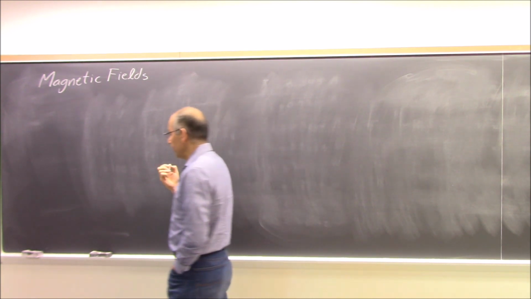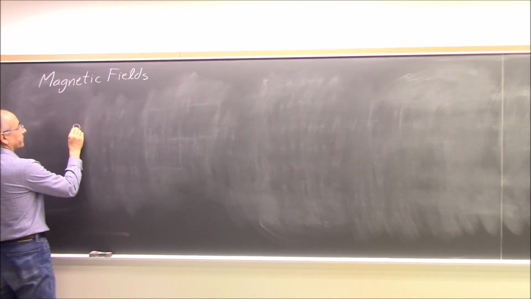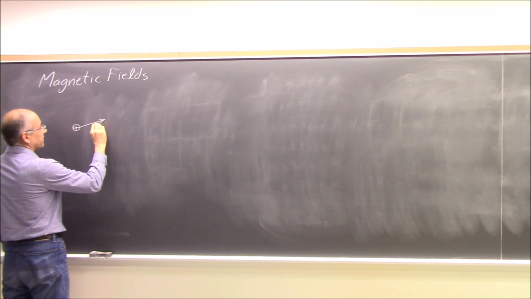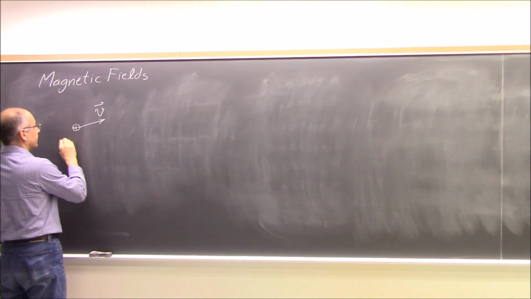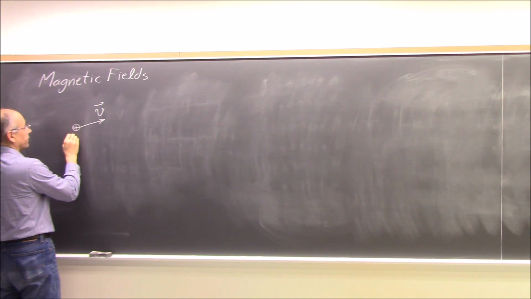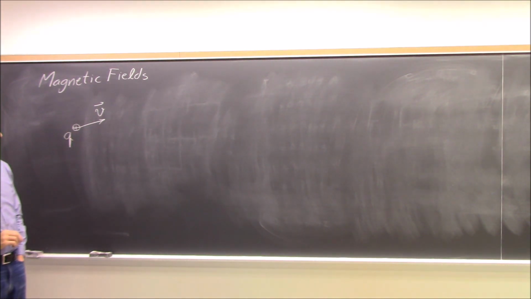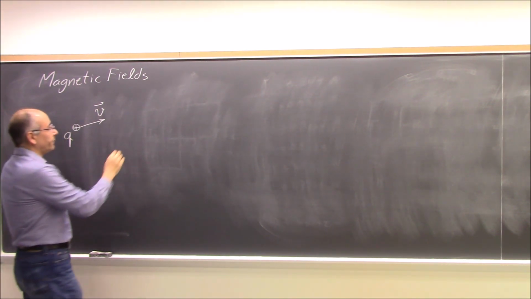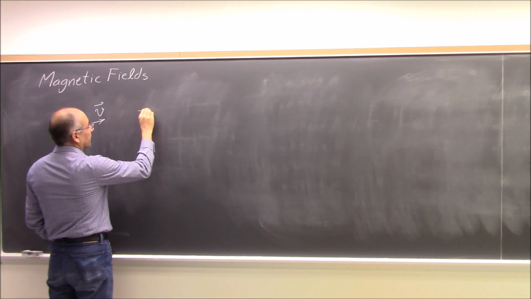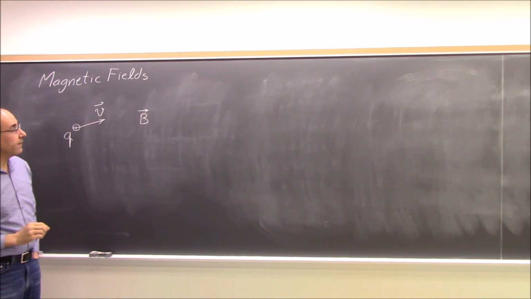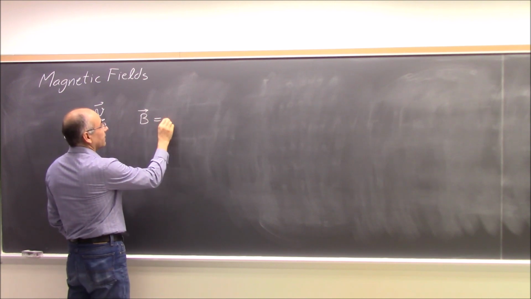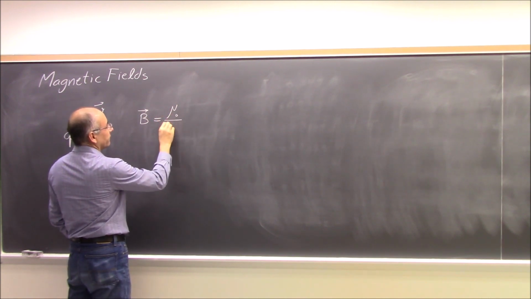And the magnetic field of a moving charge: suppose there's a positive charge here and it's moving at velocity, velocity vector v, and it has a charge q. It creates a magnetic field, called B, around it, and it's given by this formula: a constant mu naught over 4 pi.